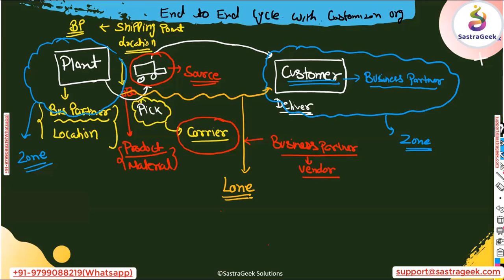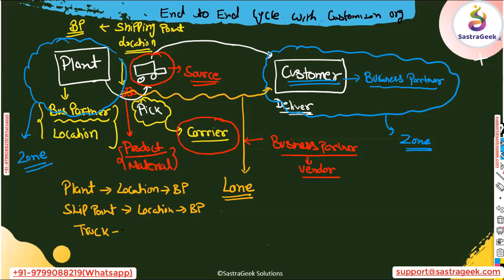So if we list out what kind of data we require: we require plant, linking with location, linking with business partner. You need a shipping point, linking with location, linking with business partner. Then you need a truck. You need to create it as a source.